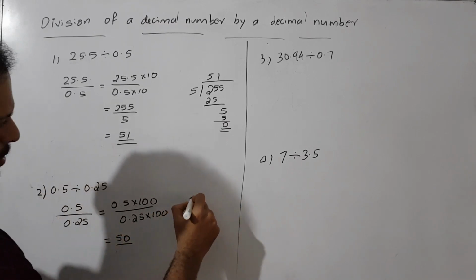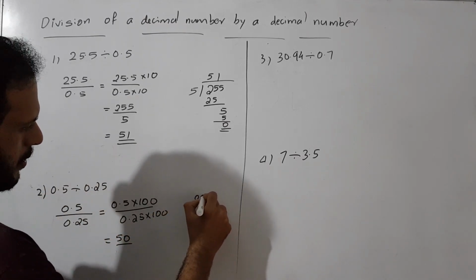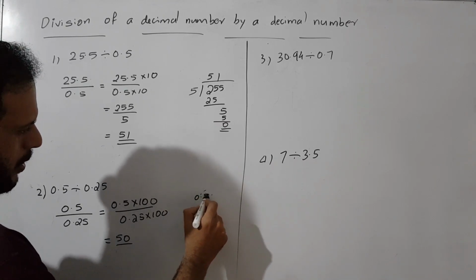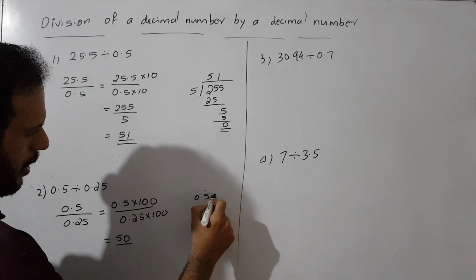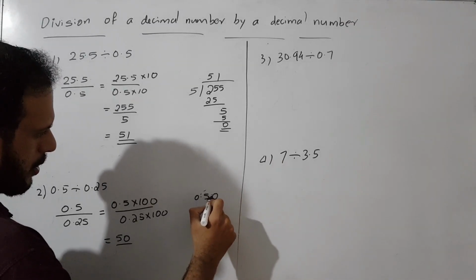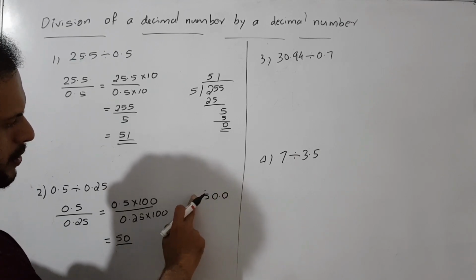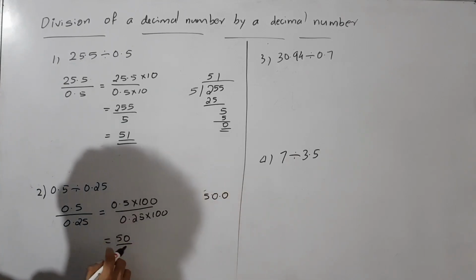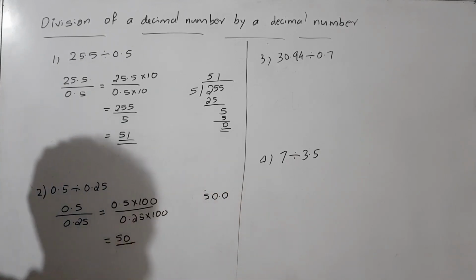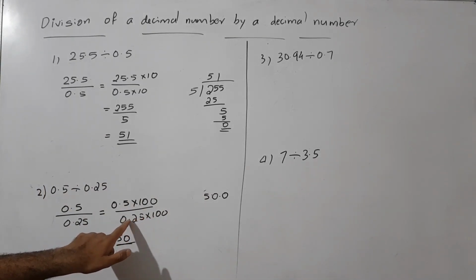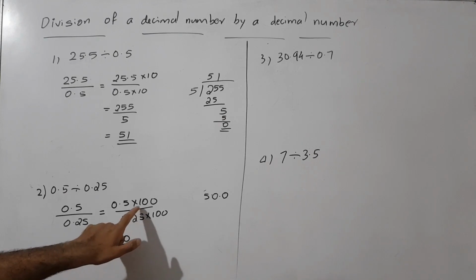അല്ലേ, എങ്ങനെയാണ് മക്കളെ? 0.5 ഉണ്ട്. ഈ ഡെസിമൽ പോയിന്റ് 2 സ്റ്റെപ്പ് ബാക്കോട്ട് പോകണം. ഇപ്പോൾ ഒരു സ്റ്റെപ്പ് പോകാൻ നമ്പർ ഉണ്ട്, രണ്ടാമത്തെ സ്റ്റെപ്പ് പോകാൻ നമ്പർ ഇല്ല. സോ then after we put the decimal point, 50.0. 50.0 is the same as 50. We already know that. Then 0.25 into 100, where does the decimal point move, how many steps back? 2 steps back.